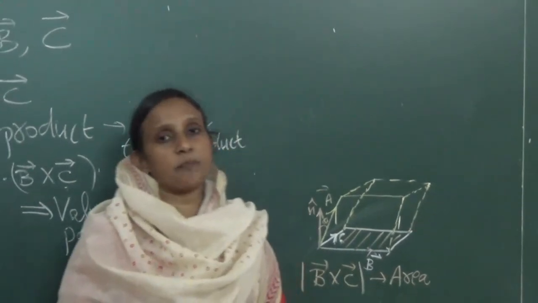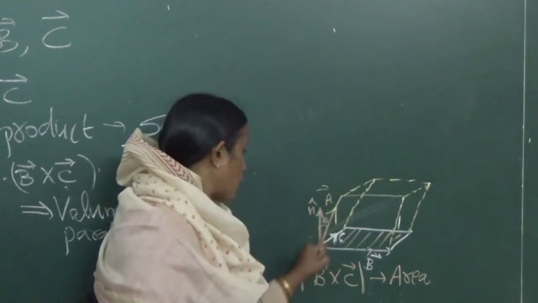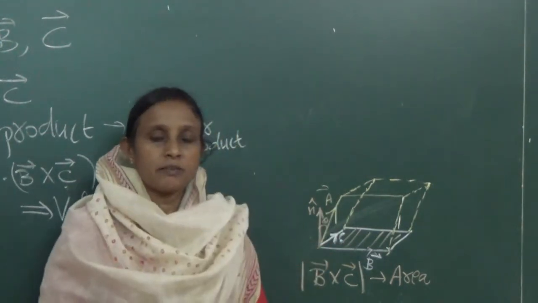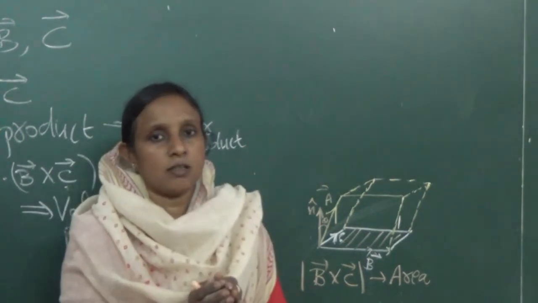Now we have a third vector, vector A, oriented like this. These three vectors form a parallelepiped.